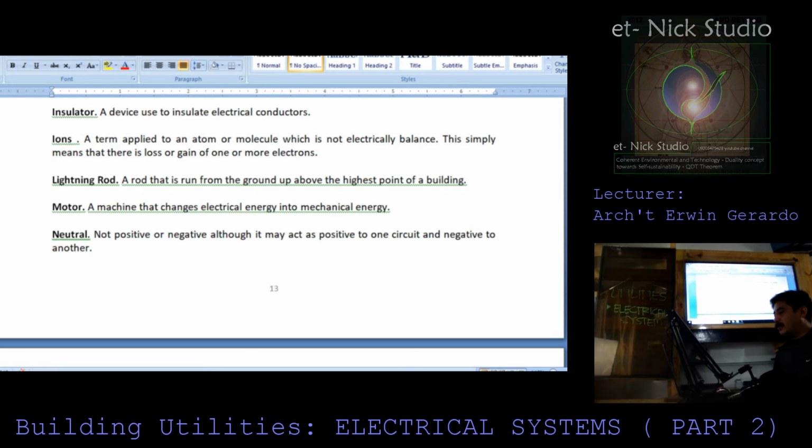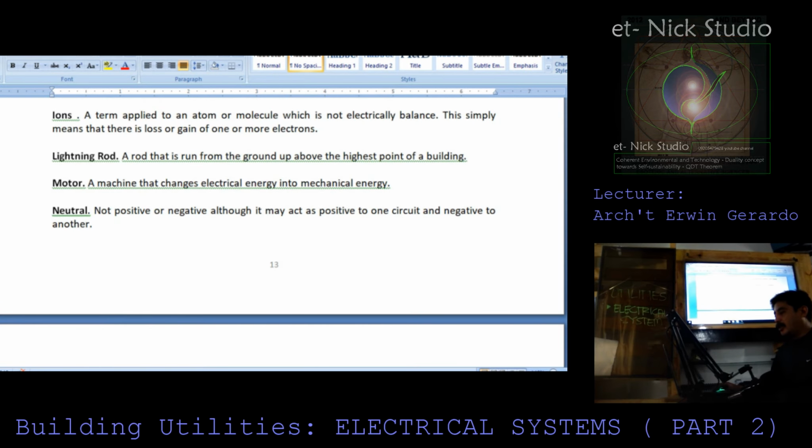Insulator, a device used to insulate electrical conductors. Ions, a term applied to an atom or molecule which is not electrically balanced.